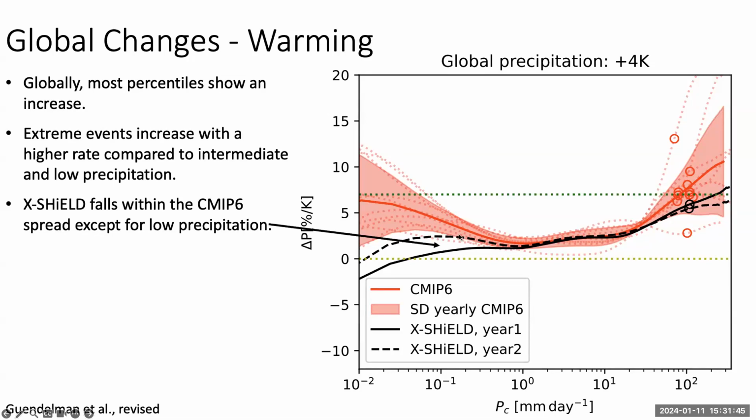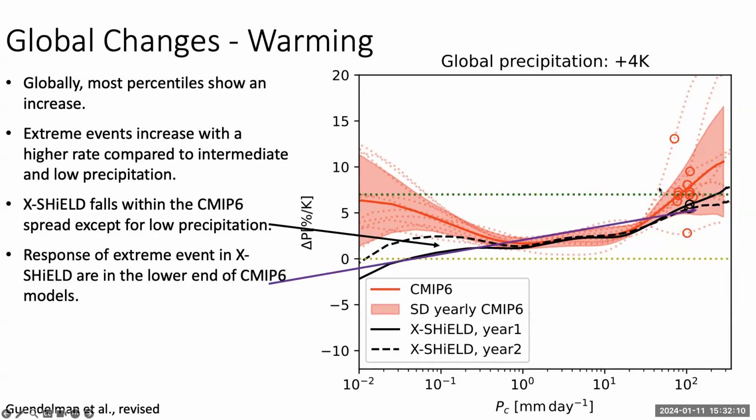And when I'm looking at the spread, I'm seeing that at most percentiles, and in fact at most percentiles that we really care about, so everything that is larger than 1 millimeter per day, X-Shield is within the range. In lower precipitation rates, it's outside the range, which might be still interesting. And another point that is interesting is that the response of the extremes is in the lower end of the different CMIP6 models.